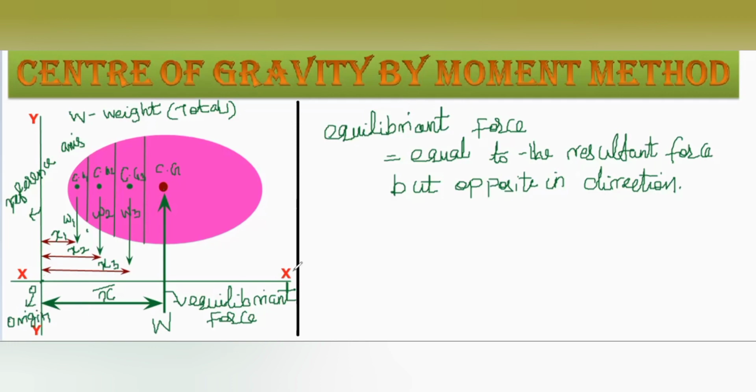Take moment about origin O. So first thing is, when you take moment about origin O, this W1 X1 acts in the clockwise direction with respect to O. This W1 and X1 is acting in the clockwise direction.